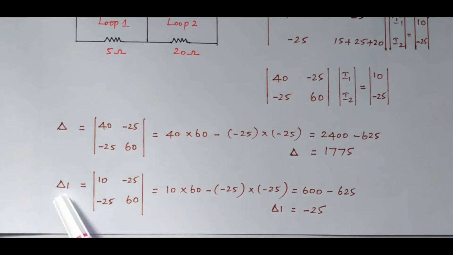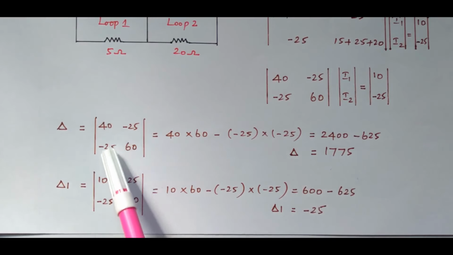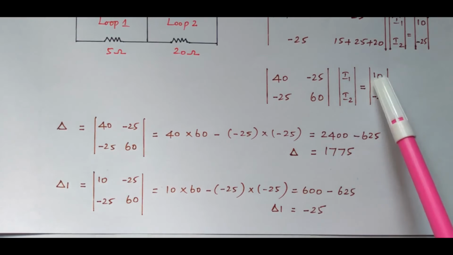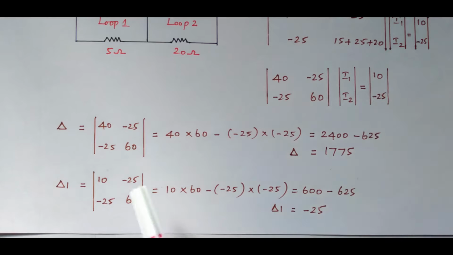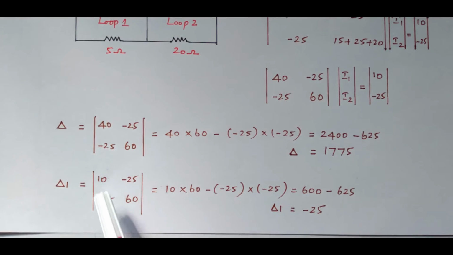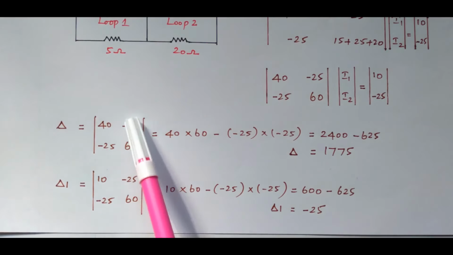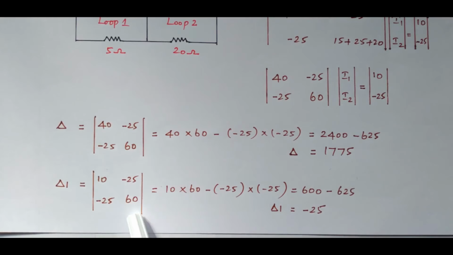Then how will you find delta 1? You have to replace the first column with the voltage matrix, 10 and minus 25. The second column stays as it is, minus 25 and 60. Replacing the first column with the voltage matrix gives delta 1.